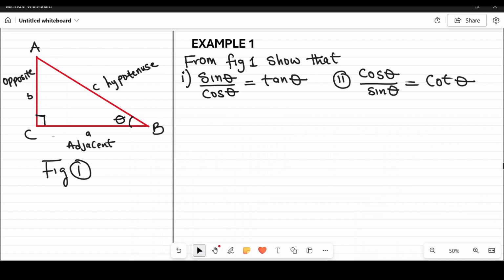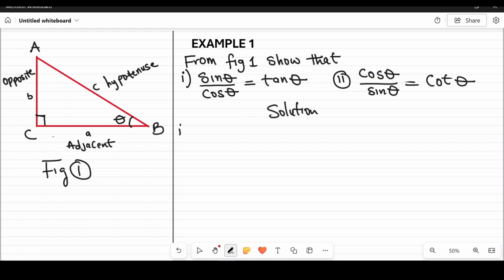Now, let's consider example 1. Example 1 says, from figure 1, which we have at the left hand side, show that sine theta divided by cos theta is equal to tan theta, and cos theta divided by sine theta is equal to cot theta. Let's derive these expressions. Solution.